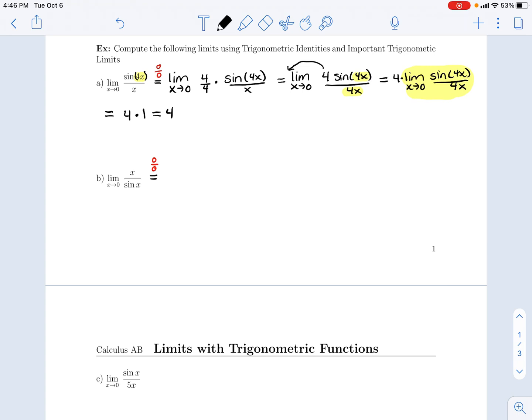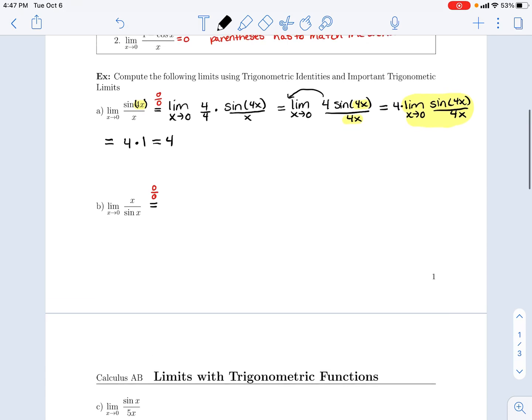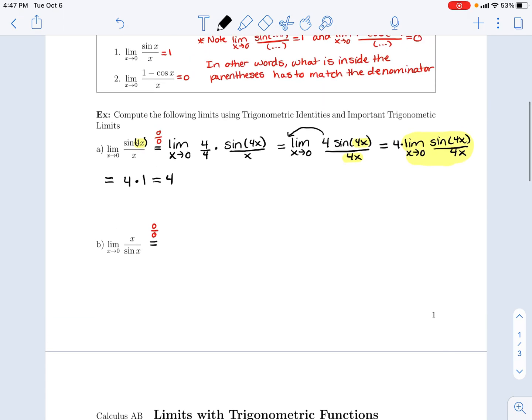Okay. So what are we going to do about this situation here? Because this looks a little bit like, again, this important property, the limit as x approaches 0 of sine of x over x, but I have it flip-flopped. I have x over sine of x. So somehow I got to do some algebraic manipulation to get to that limit.